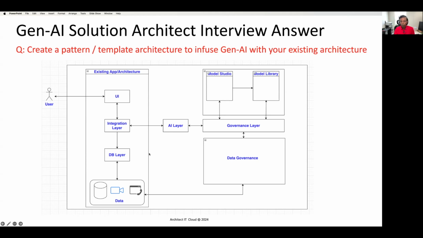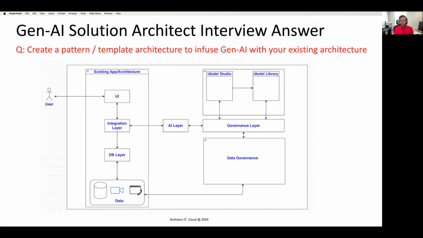For that, you must definitely create an AI layer. This AI layer is going to talk to your integration layer. It consists of APIs to call the models, APIs to call the governance capabilities, and the capabilities to call additional external third-party tools which are specific to generative AI technology.